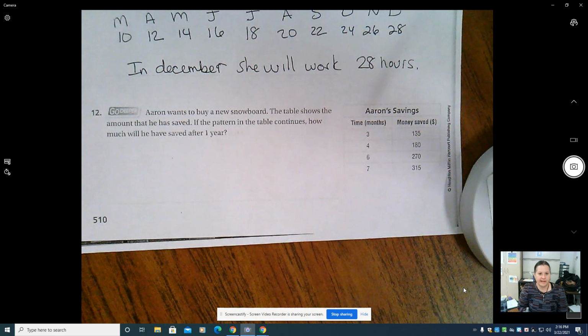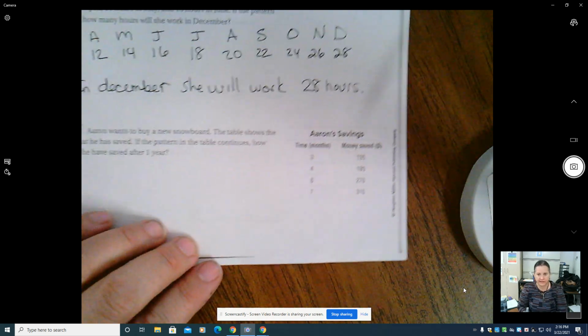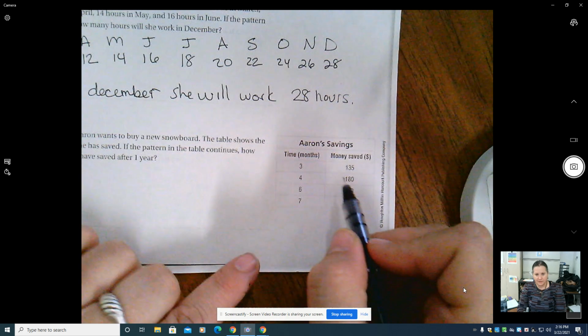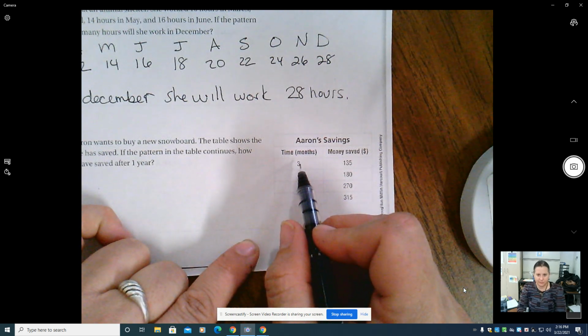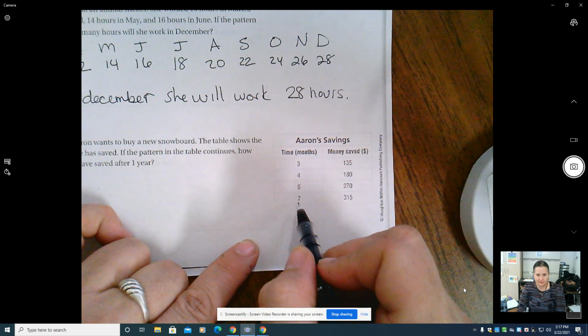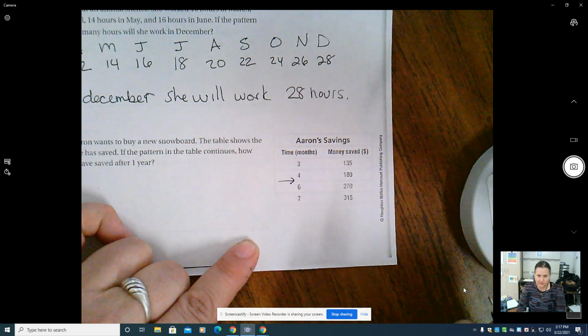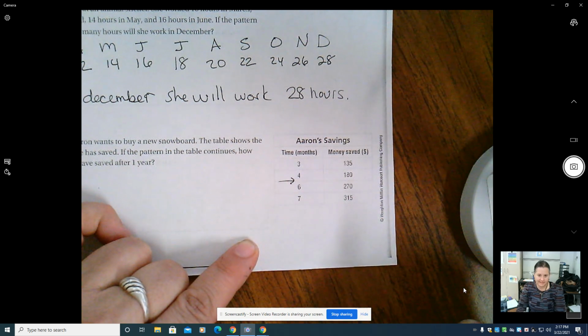Number 12, Aaron wants to buy a new snowboard. The table shows the amount that he has saved. If the pattern in the table continues, how much will he have saved after 1 year? So here's how I was figuring this one out. This is the number of months, and then just month number 6 and month number 7. So I did not notice this right away the first time I tried this, but there's a month missing here.